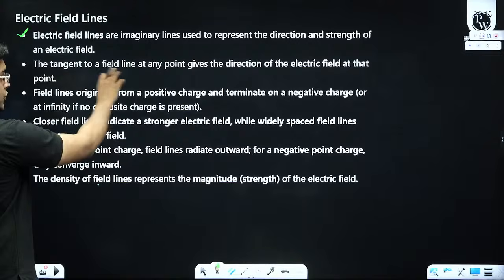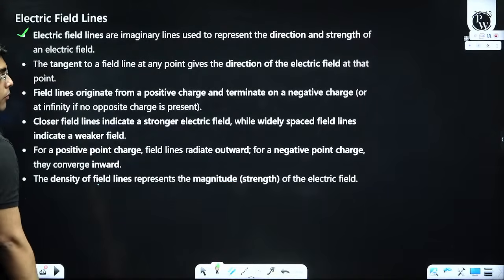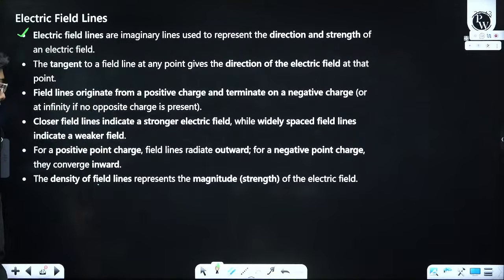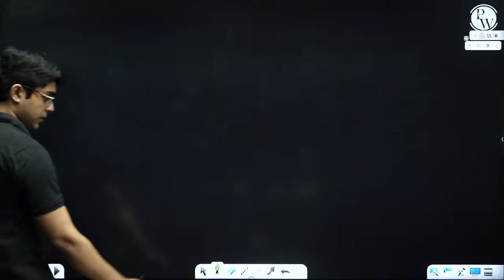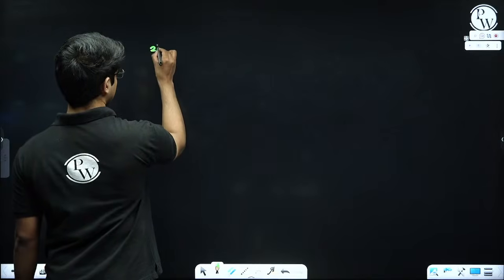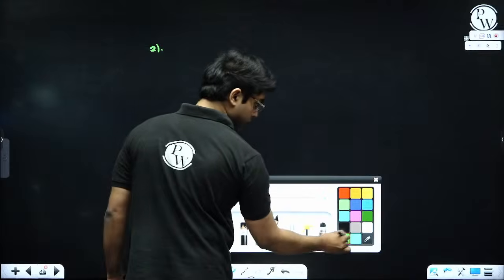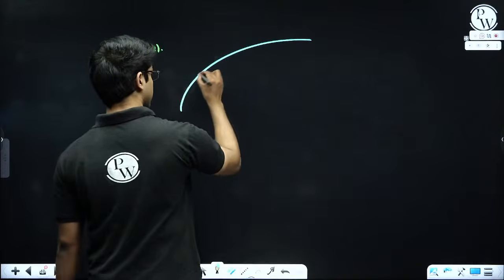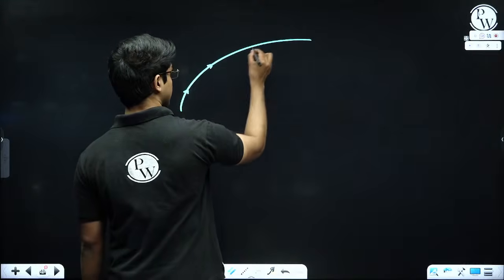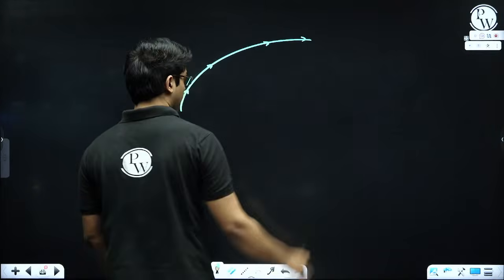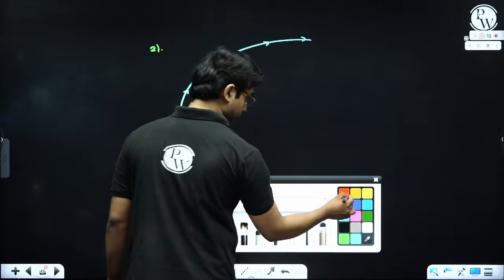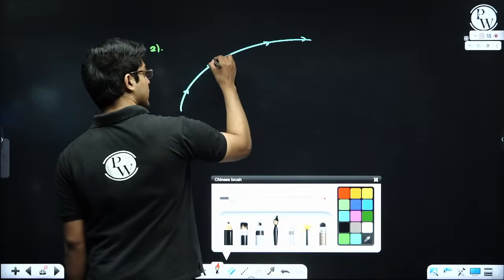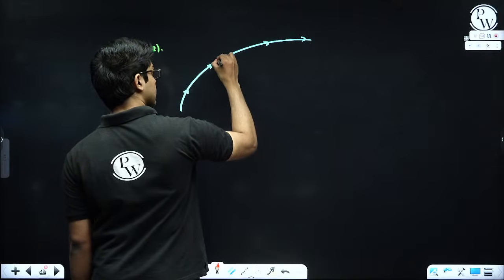Then the tangent to the electric field line at any point gives the direction of the electric field at that point. What this means is, let me take the example of a simple electric field line. So I'm saying we have some electric field line that looks like this. I'm interested in the electric field here at this location.